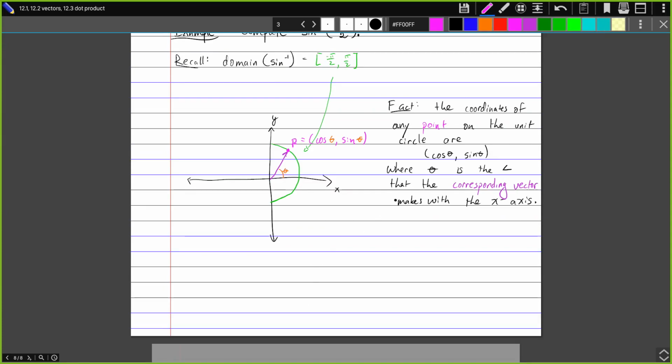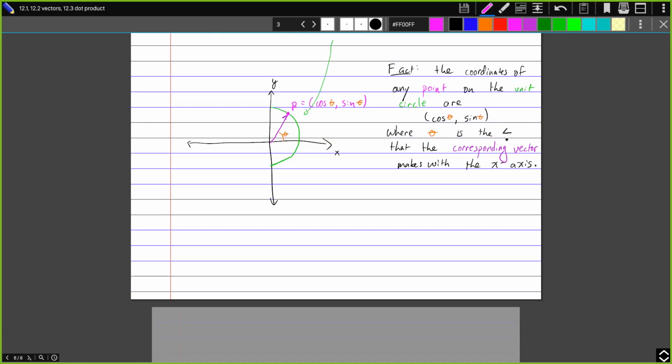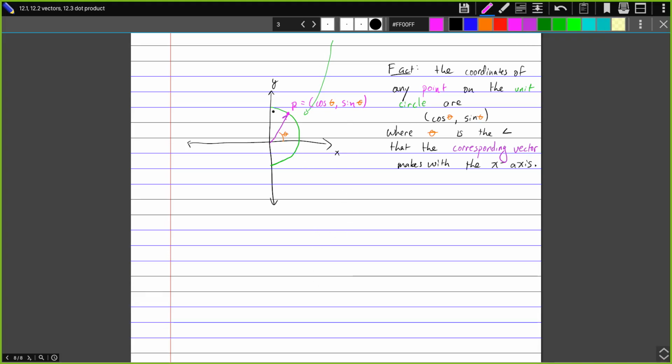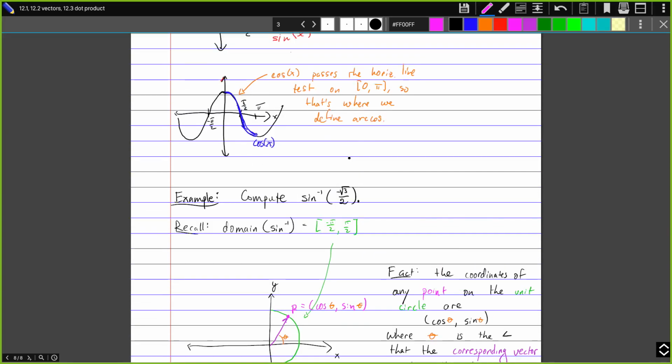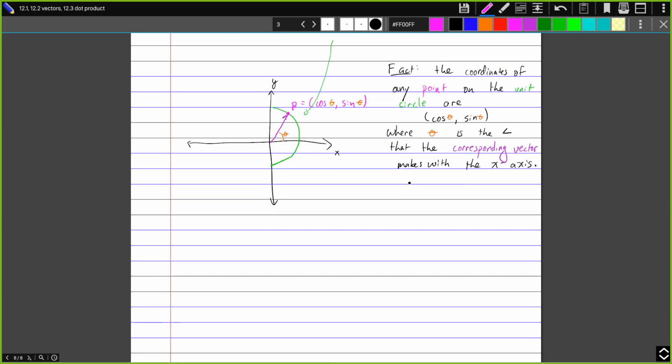So now, because I know this is the only part of the unit circle I'm interested in, I'm just going to write all of the common angles on here and see if I can find one that matches the arcsine I'm looking for.